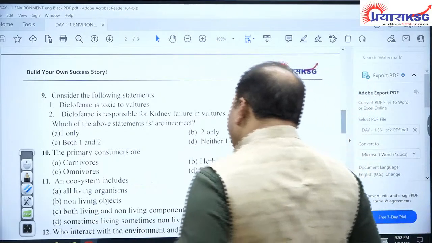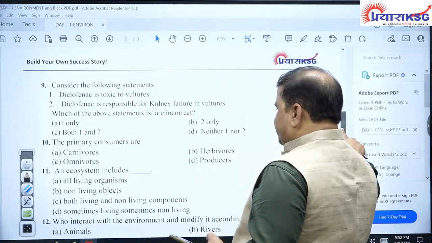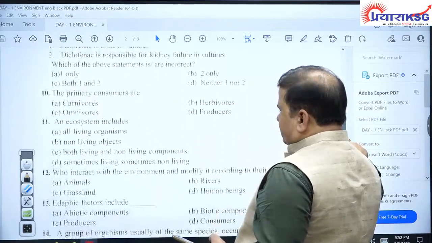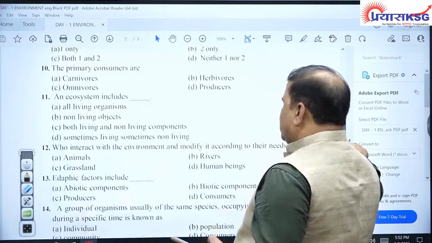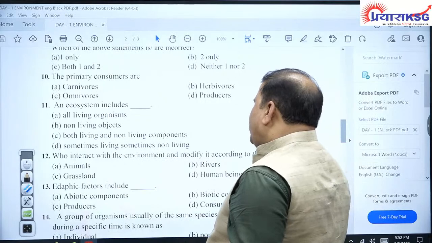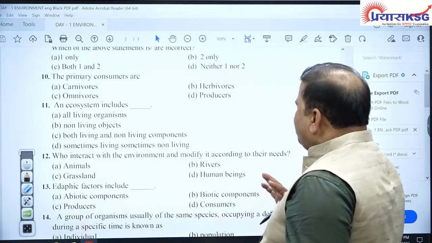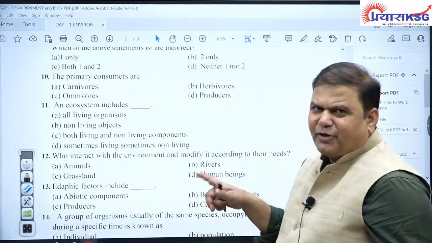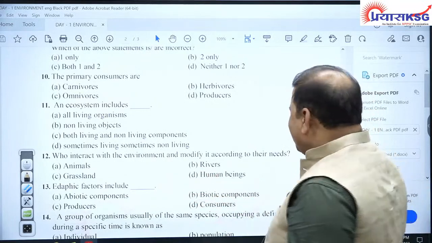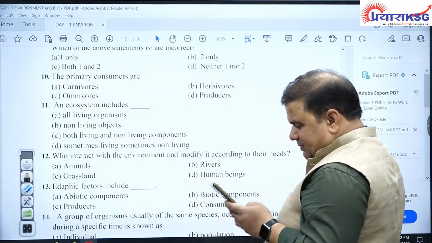So that would be called abiotic component, because you know which is biotic component. Who interacts with the environment and modifies it according to their need? There is only one, that is the Homo sapiens, humans. So answer is D.